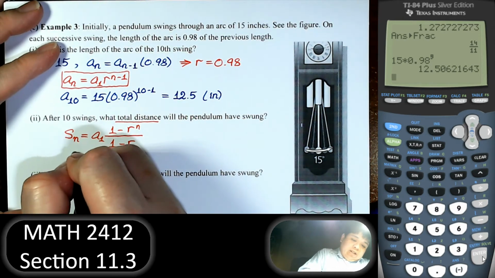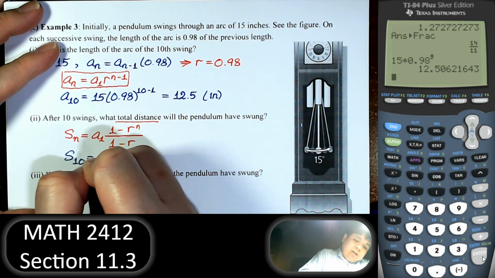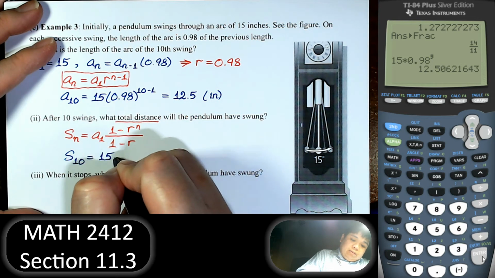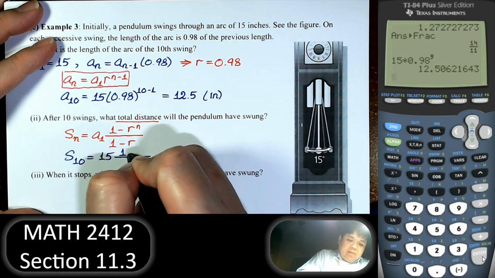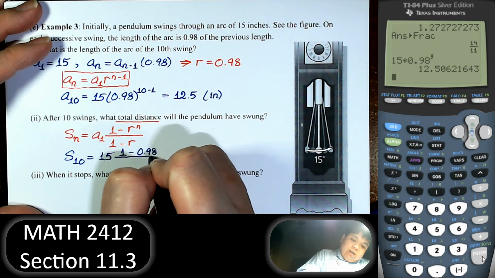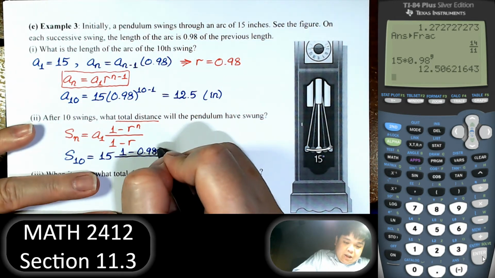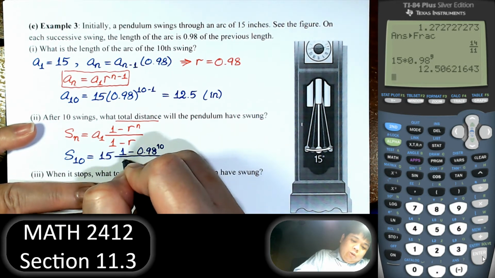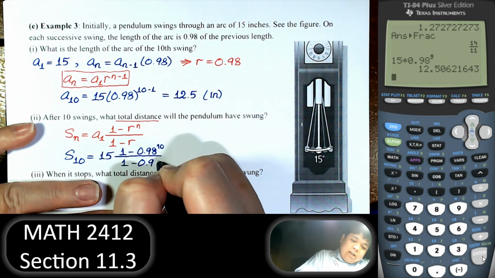Now we have the sum of the first 10 terms. The first term is 15, we know that. 1 minus 0.98, which is r, to the 10th power, over 1 minus 0.98.